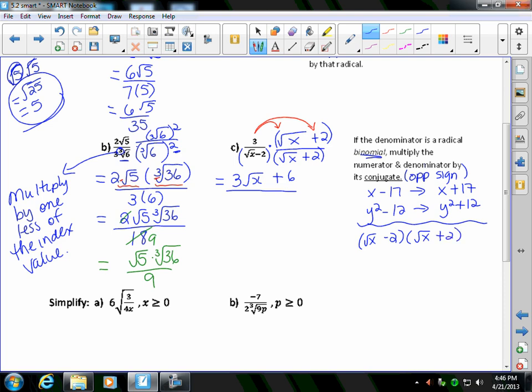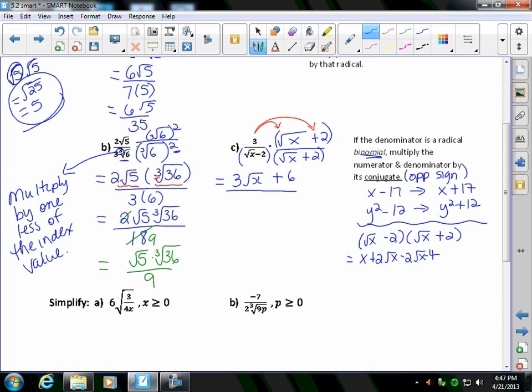I'm going to do it the long way here, and the short way on the left side. So this is using FOIL. I would have square root x times square root x, which is square root of x squared, so it's x. Then square root x times 2 is plus 2 square root x. Inside, negative 2 times square root x is negative 2 square root x. And then my last is negative 2 times a positive 2, so that's negative 4.